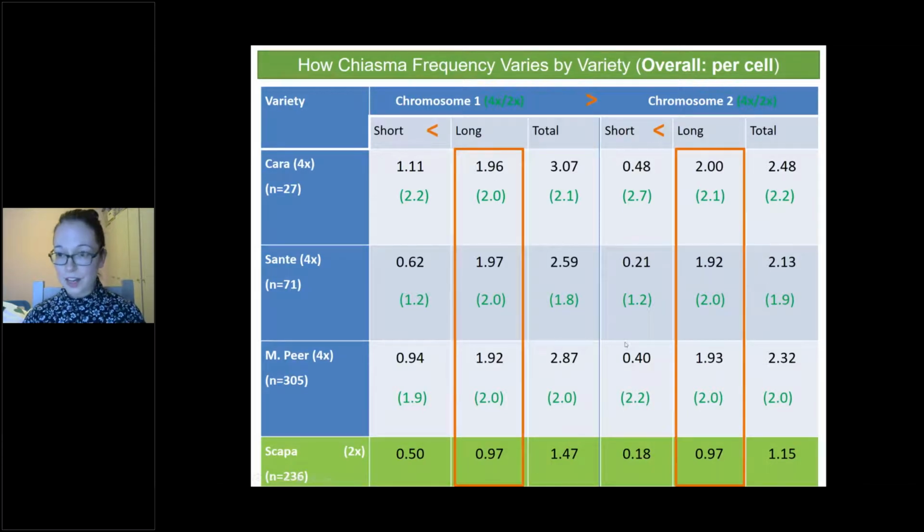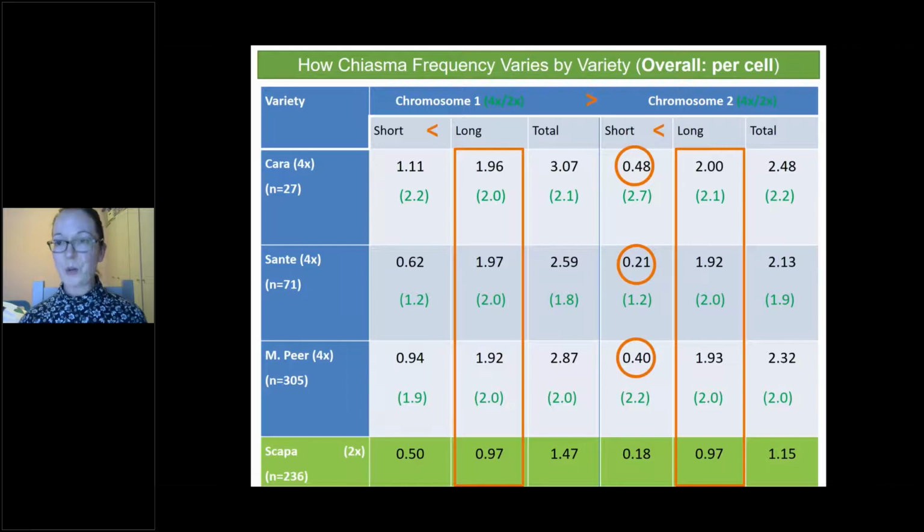So as you can see on the long arm here, the ratio was literally 2.0, which is consistent with the naive expectation because, let's face it, you've doubled the number of chromosomes. So the obvious expectation is that the crossover frequency would double, and that's that. But it's not quite as simple as that, as I will show you in the next few slides.